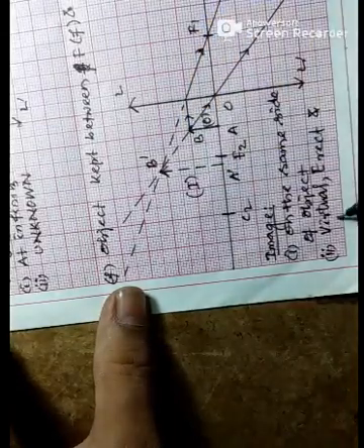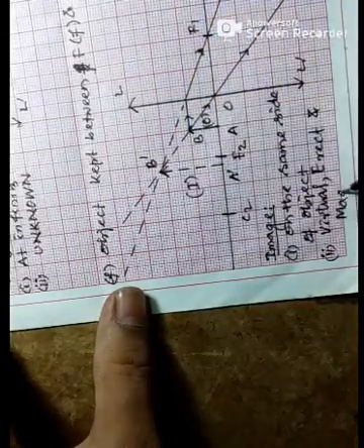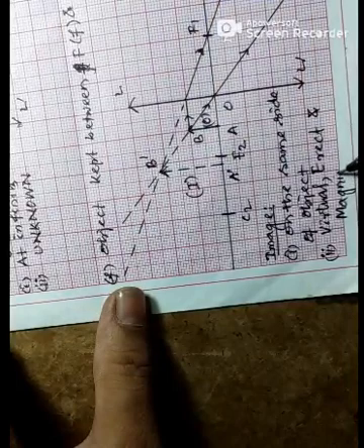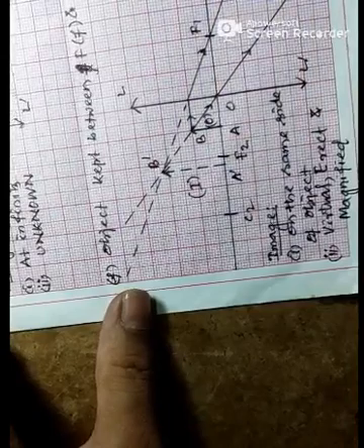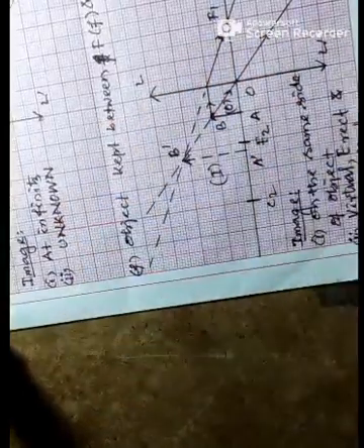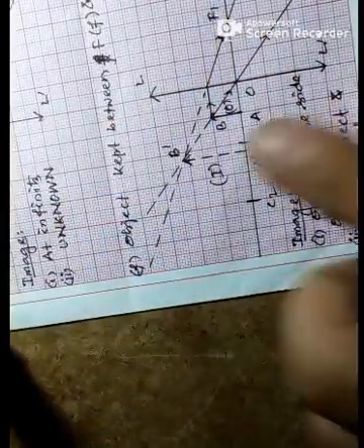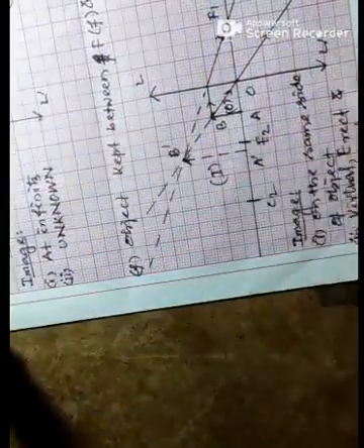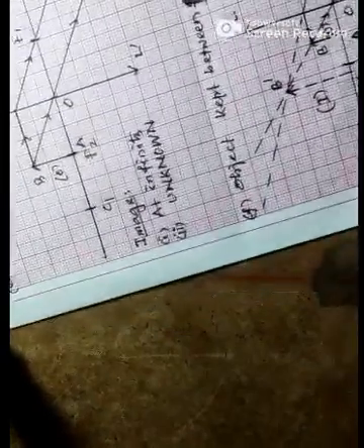Means it is magnified. Okay. So in a convex lens, we will get 5 conditions of real image and 1 condition of virtual image.